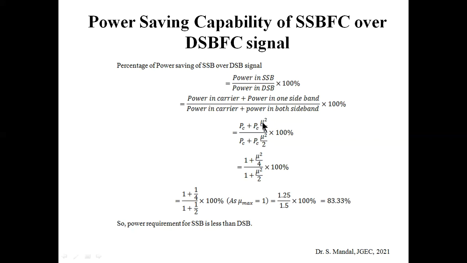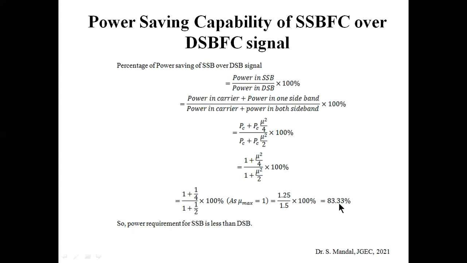It was already discussed in the earlier class that the power content in one sideband can be written as PC into mu square by 4, whereas the power content in both sidebands is PC into mu square by 2. So ultimately the equation becomes 1 plus mu square by 4 by 1 plus mu square by 2. Okay, so 1 plus 1 by 4 by 1 plus half. Okay, and ultimately we get 83.33%.